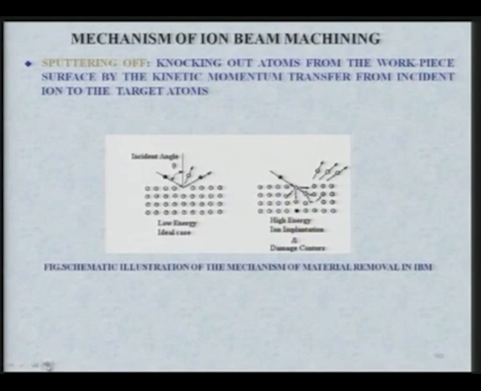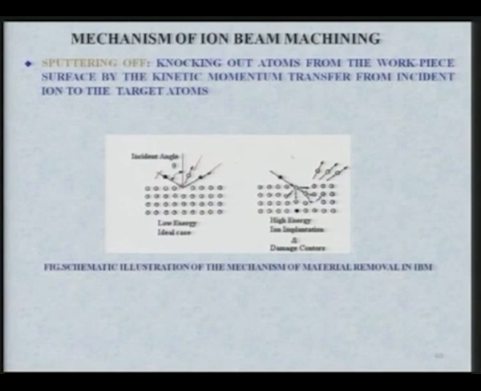Now, we can see here this is the incident ion which is hitting the top surface of the workpiece. Ideally, it should hit the atom over here and remove one atom as shown over there, and the ion itself strikes it and goes away. But normally this does not happen, because this happens when low energy of the ion is there, and this is an ideal case.